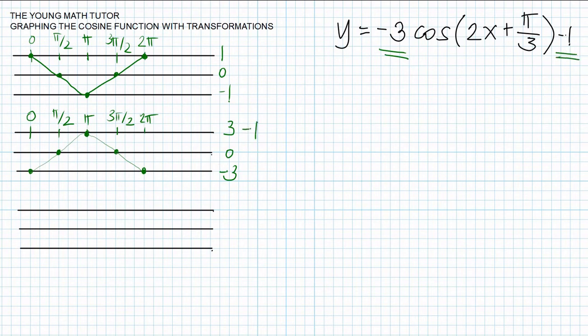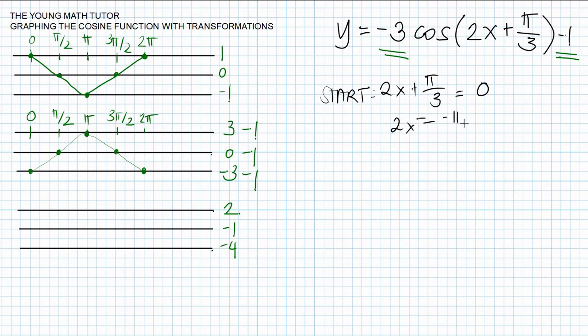Now let's not forget that we still have a vertical shift that we have to work on. That means that we have to add 1 to the values on the right. So that becomes 2, negative 1, and negative 4 which means that negative 1 is our new midline. Now let's start identifying the start of one period. So we can do that by equating the terms inside the cosine function to 0. So that's 2x plus pi over 3 equal to 0. And that will give us a value which is negative pi over 6.